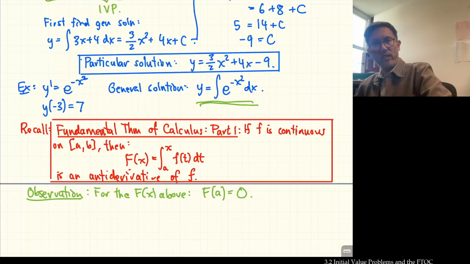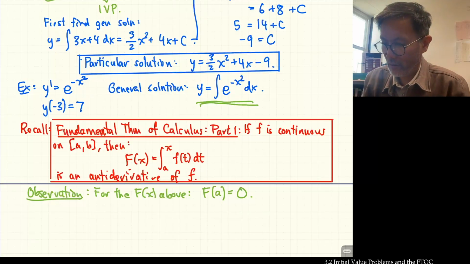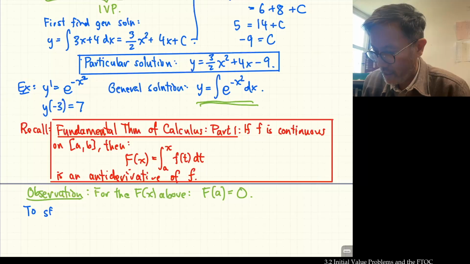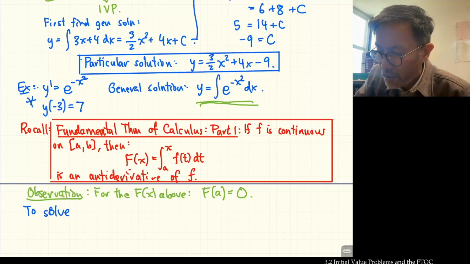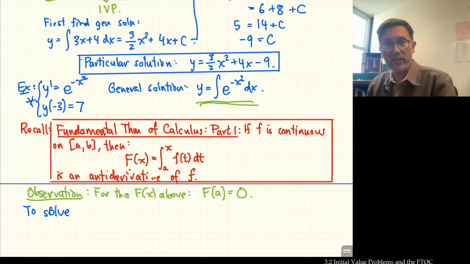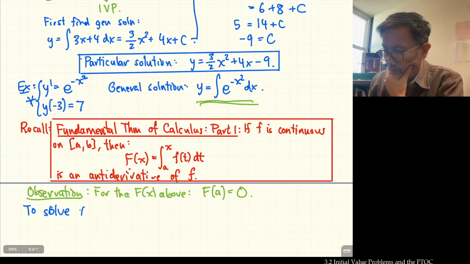And now, with this fundamental theorem of calculus, I can do that. Observe. So to solve the IVP, and maybe I'll point out the IVP. The IVP that I'm solving here, I'll denote star. Here's star. It's this differential equation together with that initial condition.